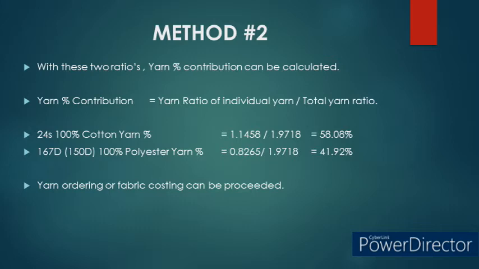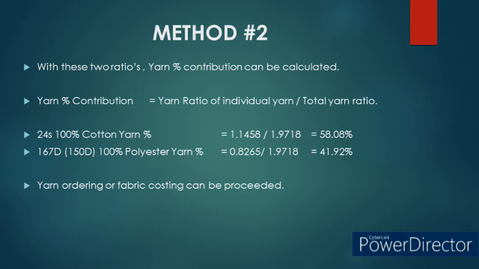24's 100% cotton yarn percentage contribution is equal to 24's 100% cotton yarn ratio divided by total ratio, that is the summation of 24's 100% cotton ratio and 167 denier 100% polyester yarn ratio, that is 1.1458 divided by 1.9718, that is 58.08 percentage.